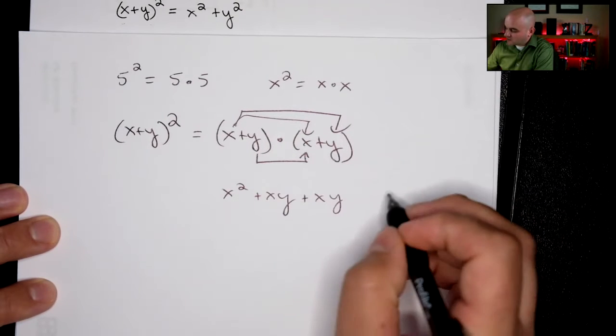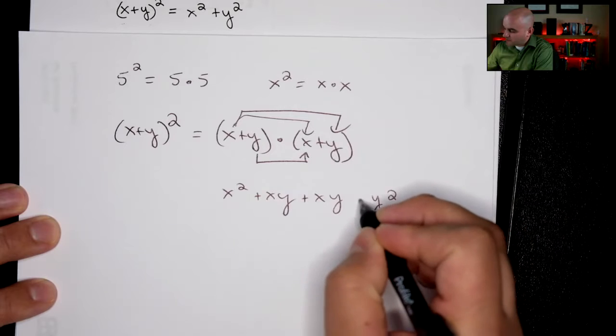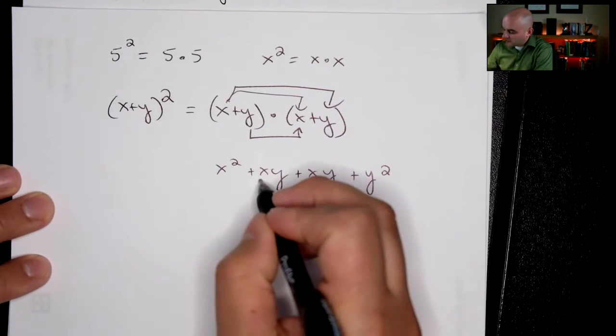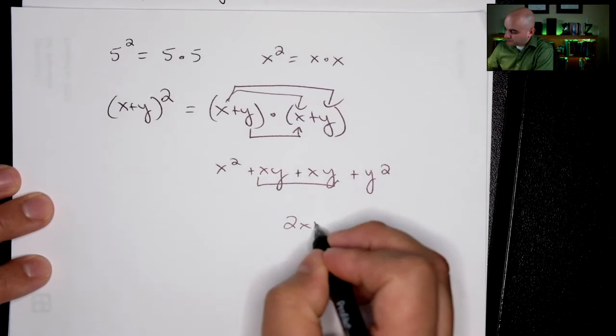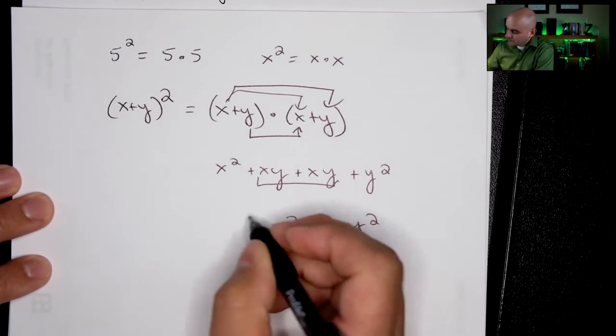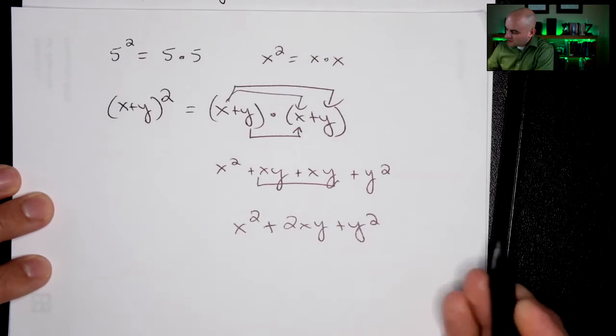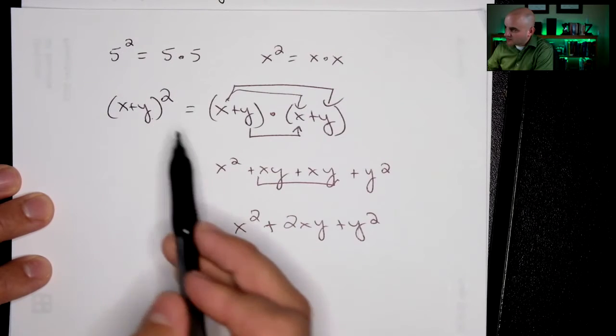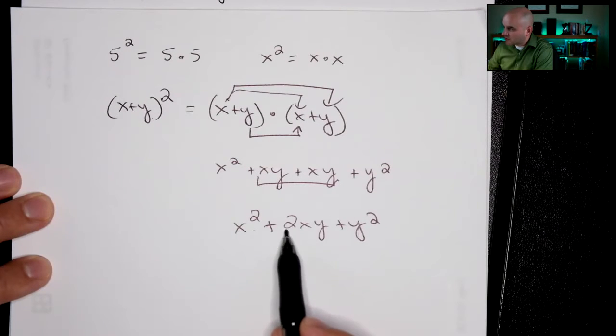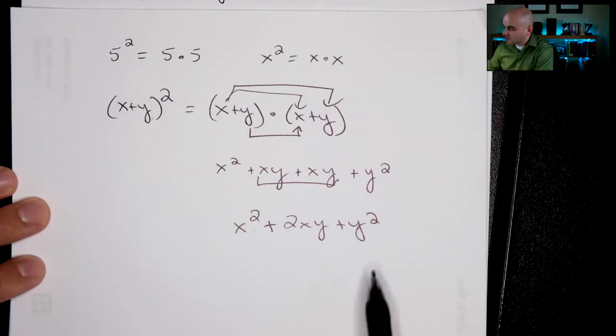And then y times y, which is y squared. Combining our like terms here in the middle, that gives us 2xy. And taking the long route here, we see that x plus y squared is the same thing as x squared plus 2xy plus y squared.